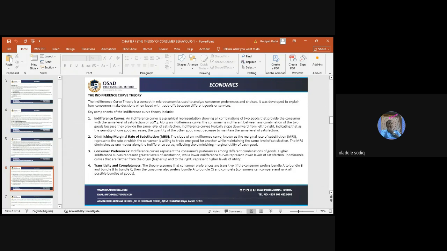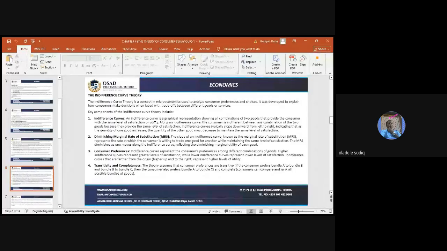So we also have diminishing marginal rate of substitution. The slope of an indifference curve, known as the marginal rate of substitution, represents the rate at which the consumer is willing to trade one good for another while maintaining the same level of satisfaction.